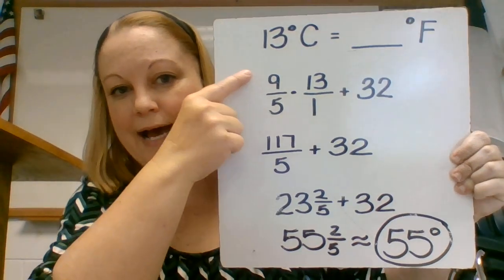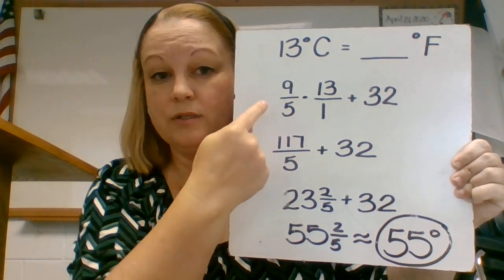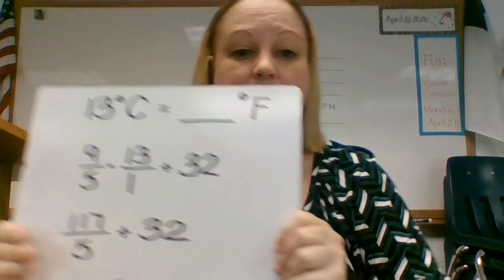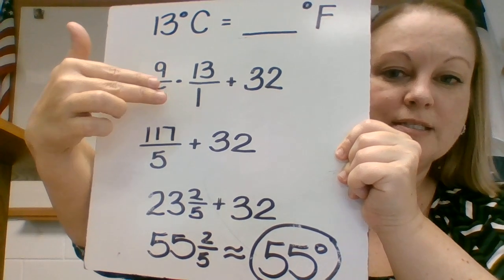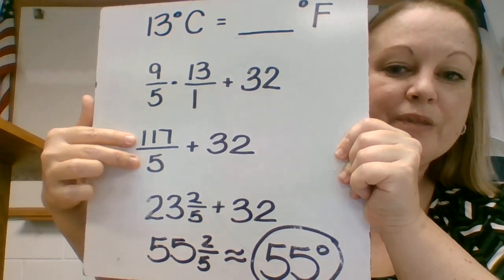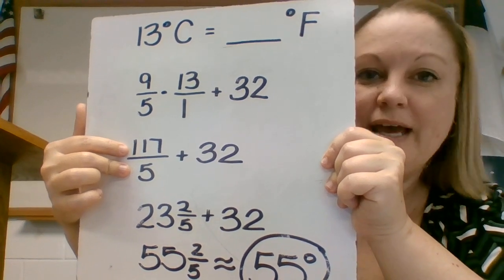Here's how you should have set it up, because anytime we're converting to Fahrenheit, F equals 9/5 times Celsius plus 32. Remember, we're always going to go bigger. So when we set it up like this, there's no cross canceling. When we multiply, you should have gotten 117 over 5, still have plus 32 at the end.